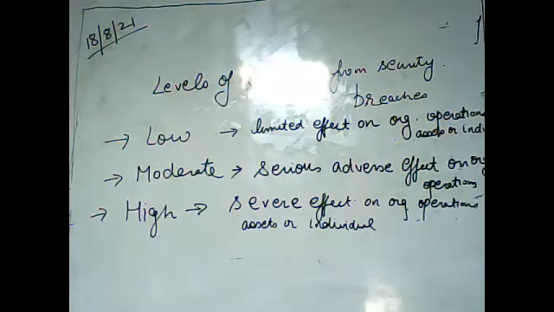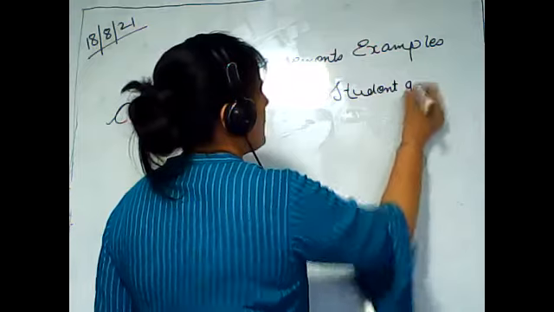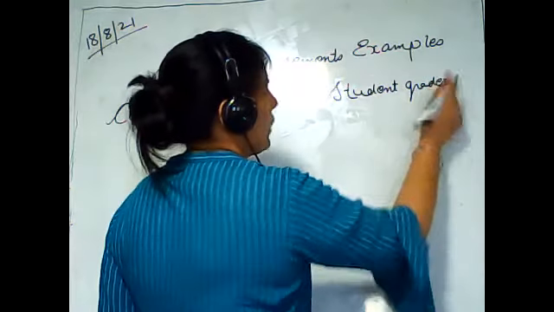When we talk about this word confidentiality, that means we are talking about something that needs to be kept confidential between the two parties. Here we can take the example of student grades.